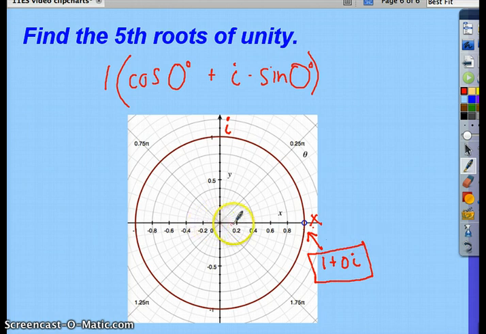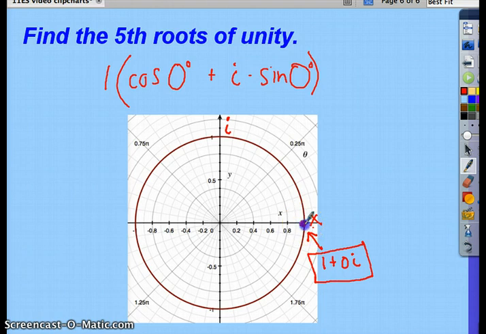I can see that my radius will be 1, right? 1 squared plus 0 squared is 1. Square root is 1. Okay? The angle of rotation is 0 degrees. Okay? So this point here on the imaginary graph, 1 plus 0i, translates in polar form to 1 times cosine of 0 plus i sine 0.